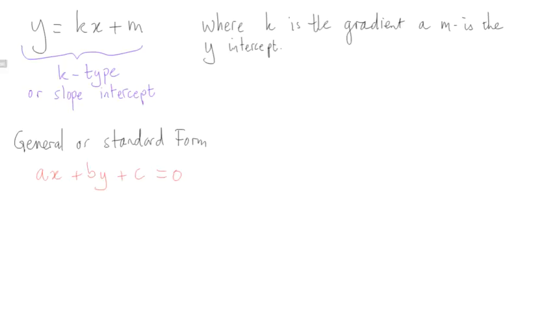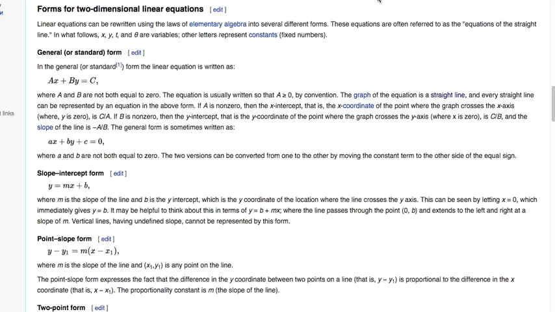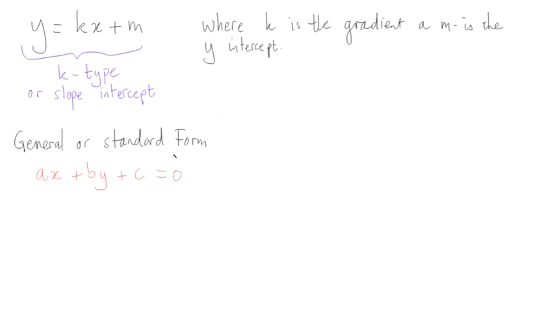The third type is called the point slope form. In Swedish it's called enpunktsformen.